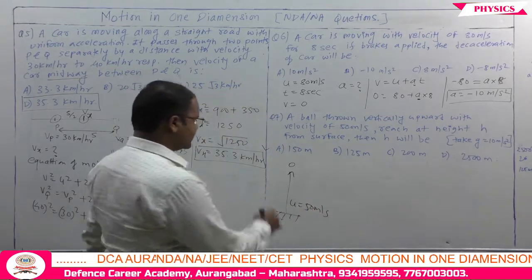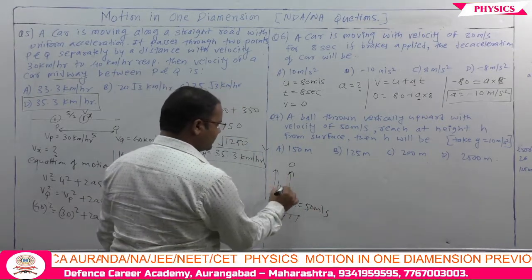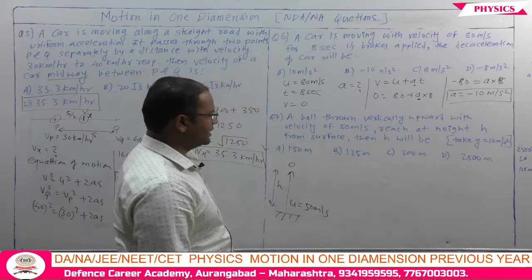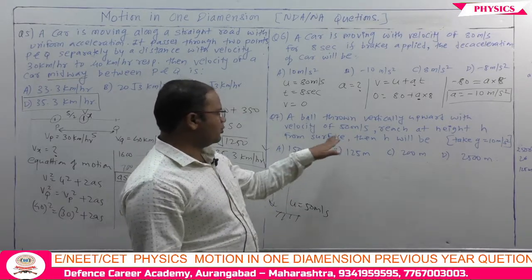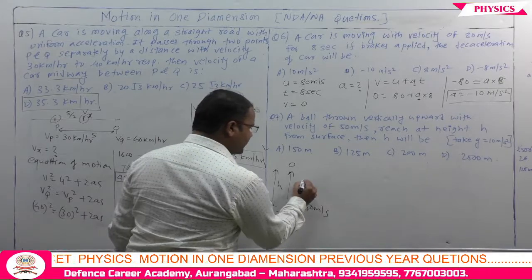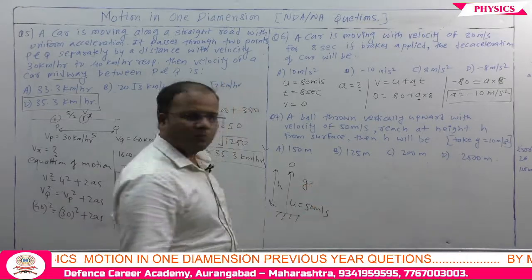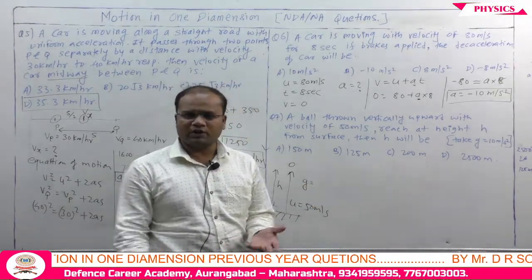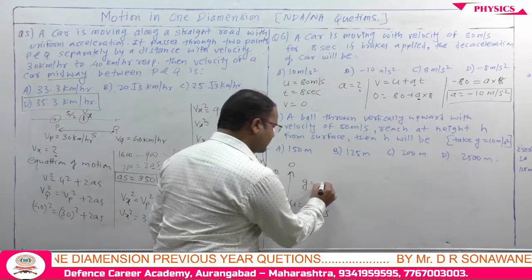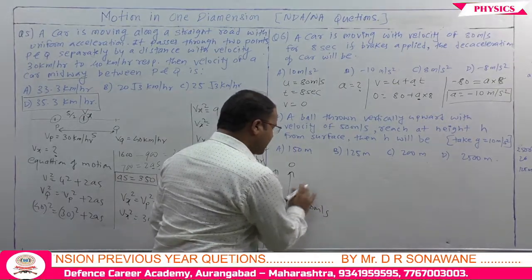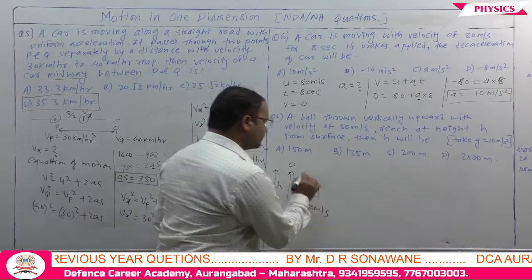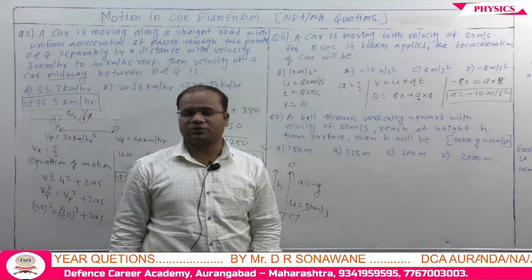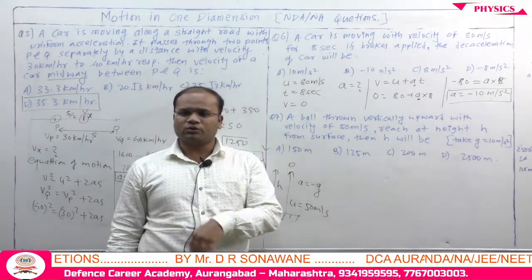Reach at height h, this is height h from the surface. As the ball is thrown vertically upward, gravity is opposing the motion of the ball. It means acceleration will be minus of g, because gravity is opposing the ball from lifting on.